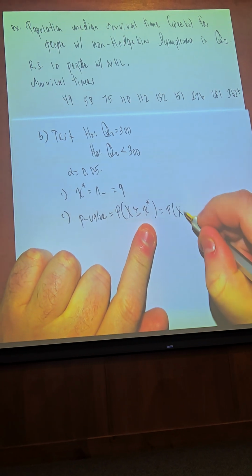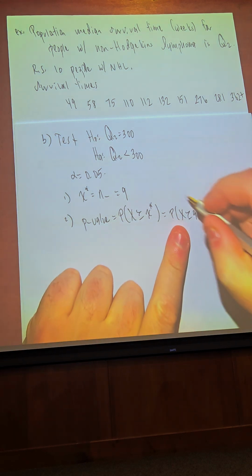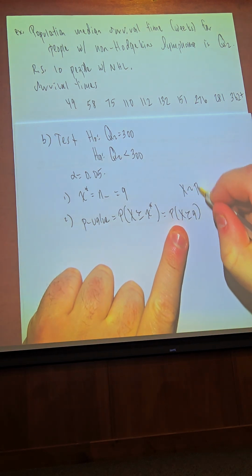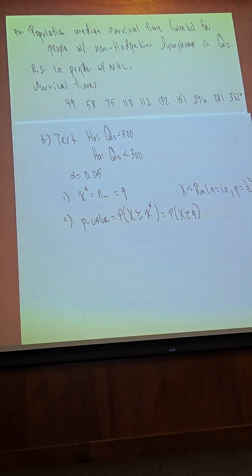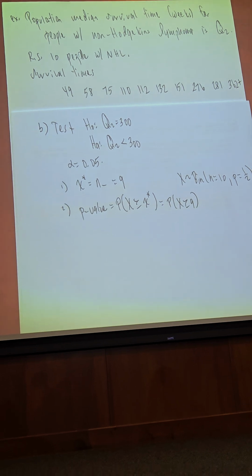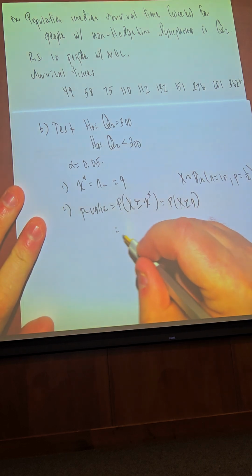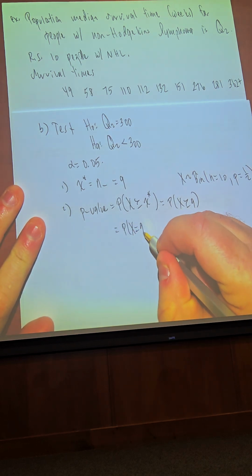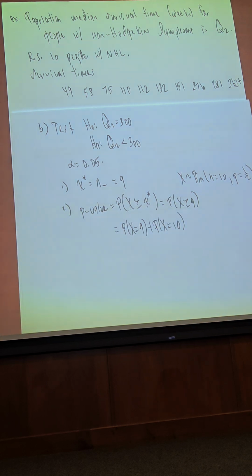So it's the probability x is greater than or equal to 9, where again x is a binomial distribution, n is 10, p is 1/2. And can I find the probability x is 9 or bigger here? Yeah, totally. So what I have to do is find the probability x equals 9 plus the probability x equals 10.